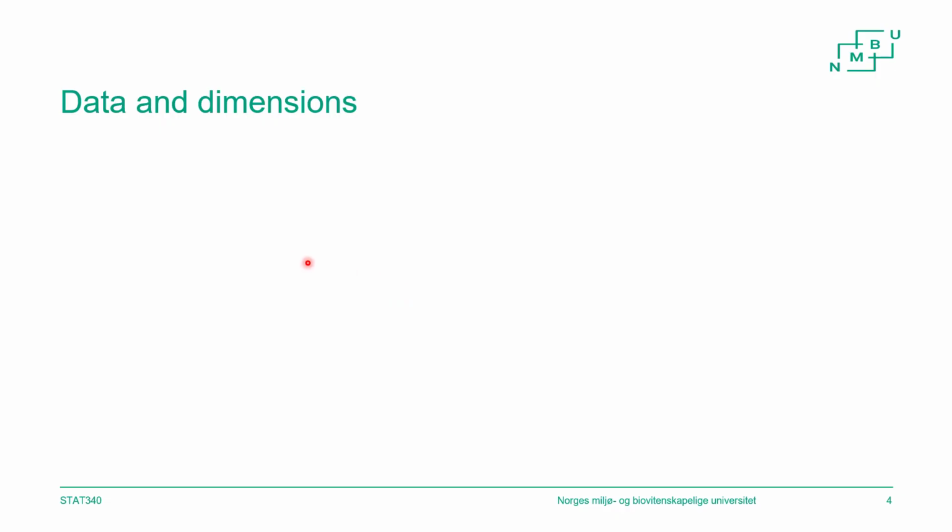So, as I said, data and dimensions. We need to say a few words about this. Typically we have a data set, a table, where we have n rows and p columns: n observations or data cases and p variables. That's something we talked about last week as well.